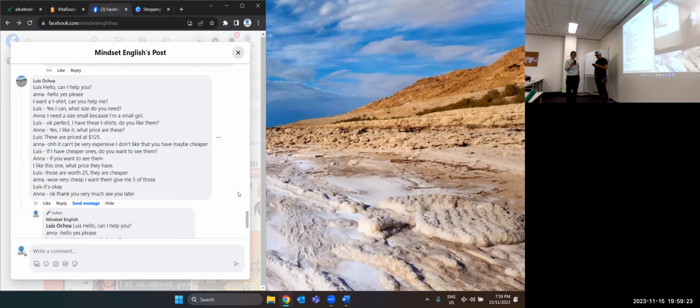Hello, can I help you? Oh, yes, please. Can you help me? Yes, I can. What size do you need? The small size because I'm quite small. Okay, perfect. I have this chair. Do you like it? Yes, I like them. How much are they? They are $125 each. So expensive. Do you have anything cheaper?